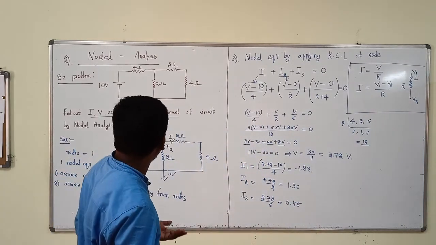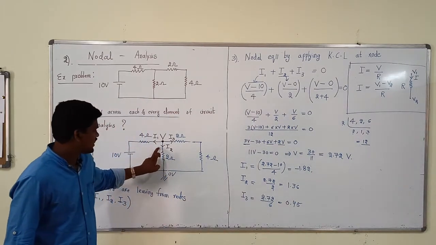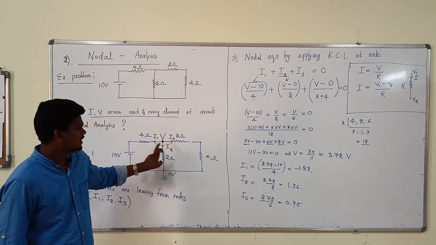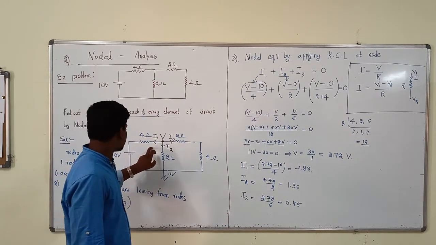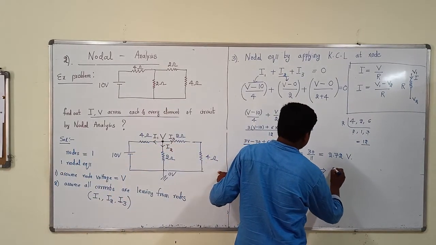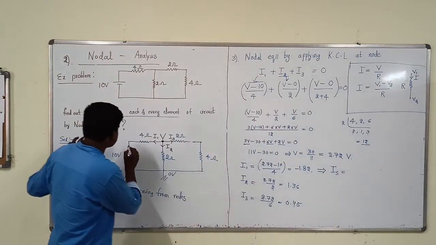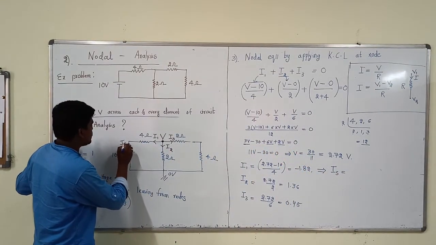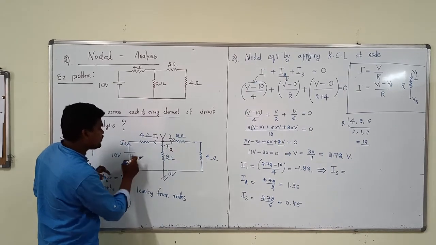From that, you can simply find out, look at here, this is I2, the current across. If you compare both the equations, you will get it, but there is a small thing here. What about the source current? Generally, the current from the source flows from this point to this point, but we are assuming this point to this point.